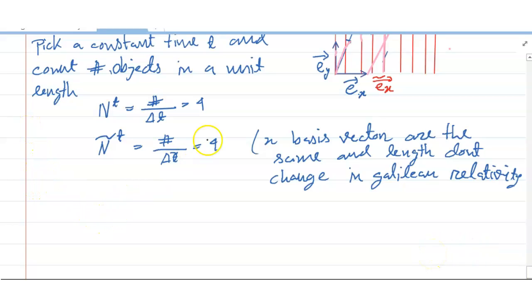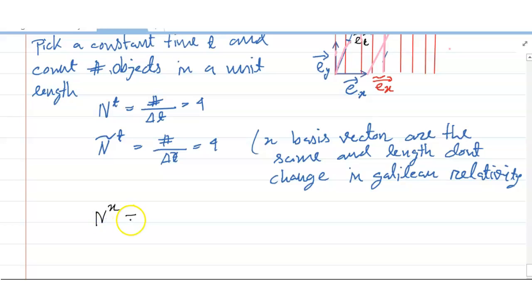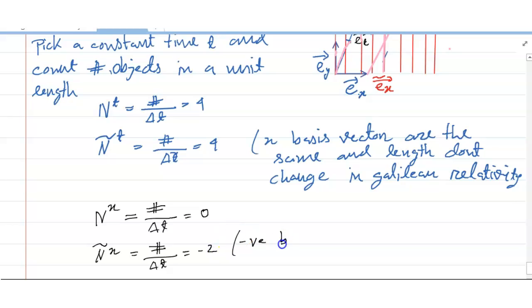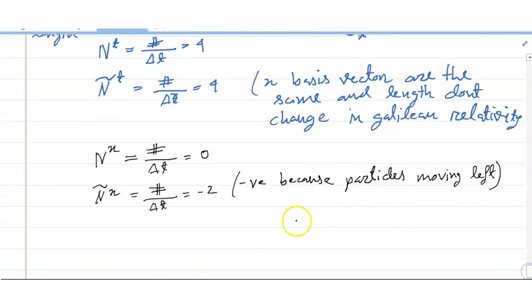So for this diagram, nt is 4, nx equals the number divided by del t equals 0, and n bar x equals the number divided by del t equals -2. Negative because the particles are moving left. So friends, you will see the particles moving left. That's why the value is negative.